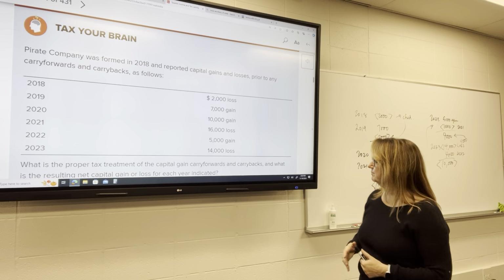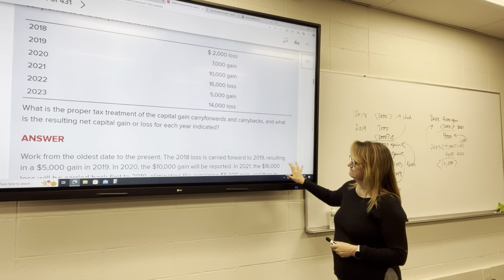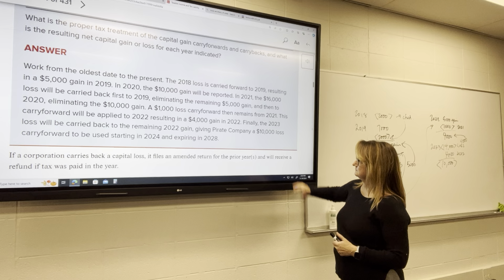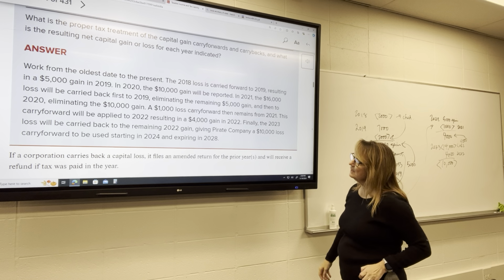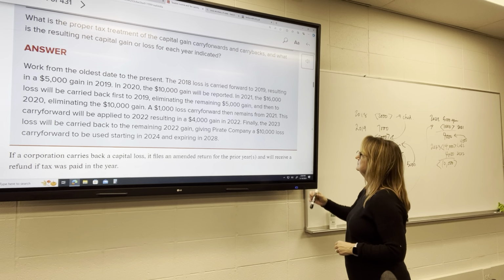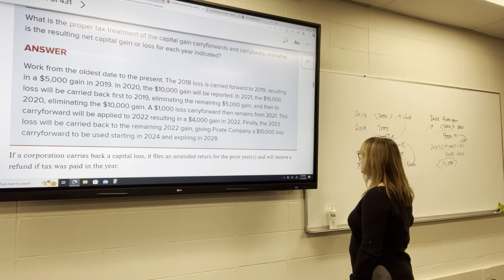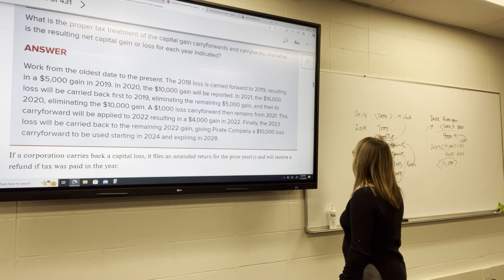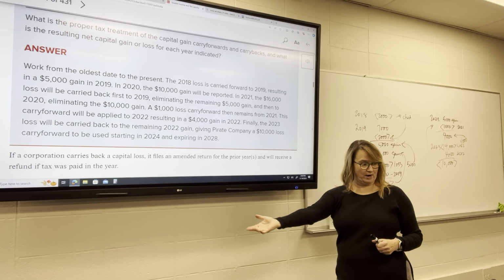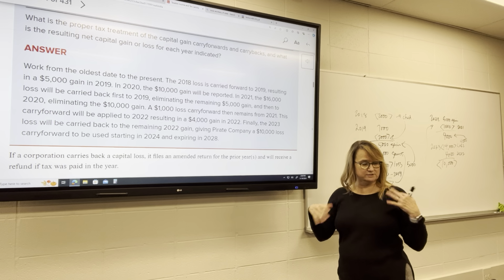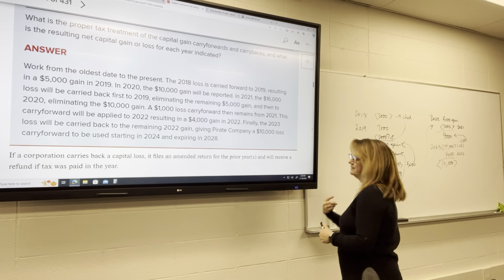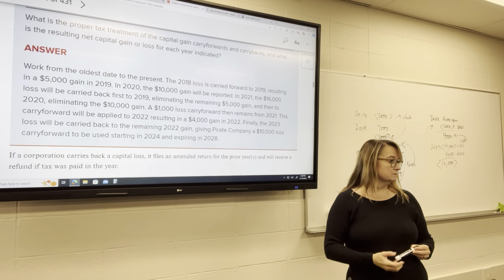That's a little bit more complex. It says the same thing essentially. So a $10,000 loss carry forward can be used starting in 2024. We absorbed all of the gains from prior years with those other losses, but we're left with a $10,000 loss that we can still use.